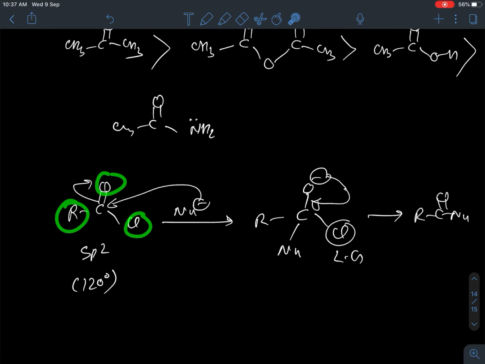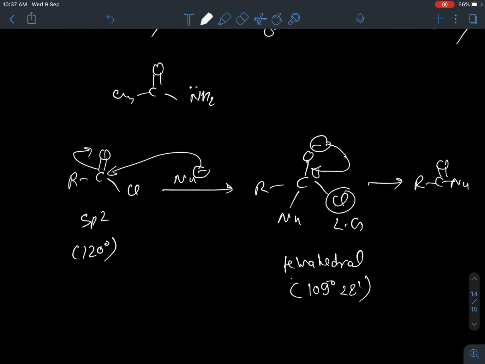These groups are 120 degree apart. Relatively less steric strain is there. But now when it turns into tetrahedral, then look at this, the angle will be 109 degree, close to that. So groups are more closer, and if the groups are more closer, this is going to cause more and more steric repulsion.